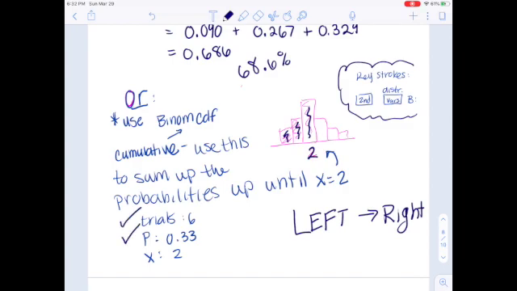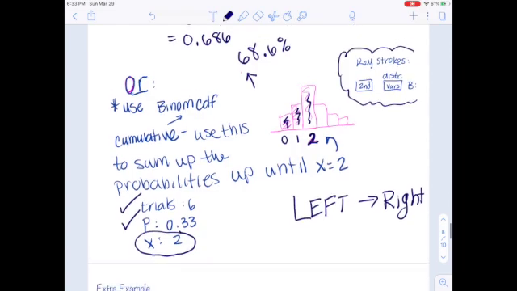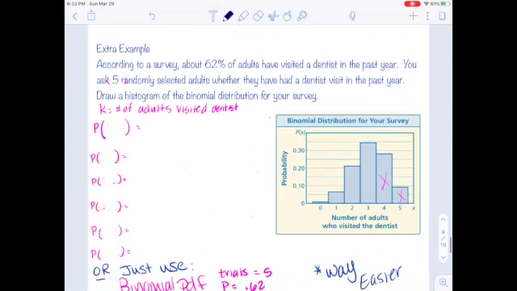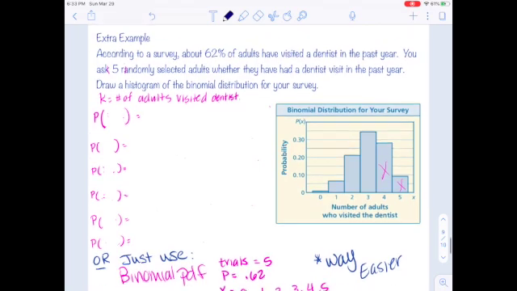You can enter the number of trials as 6, your probability of success as 0.33, and the x that you see is the x value that you're telling it to add up until. So you're going to add up 0, 1, up until 2, and including 2, technically. All right, so try that out on your graphing calculator and make sure you get the same probability as above.